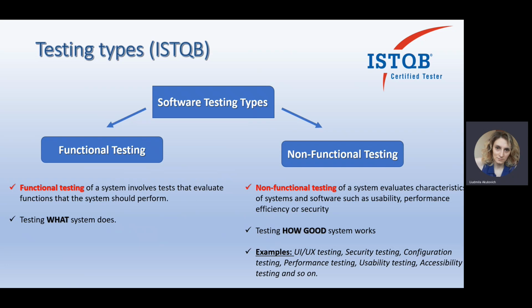Non-functional testing concentrates on the characteristics of the system, of the software, such as usability, performance, security, accessibility, and so on. So non-functional testing is all about testing how well the system works. You can see examples on the slide, but that's pretty much the same as we discussed during our previous video.